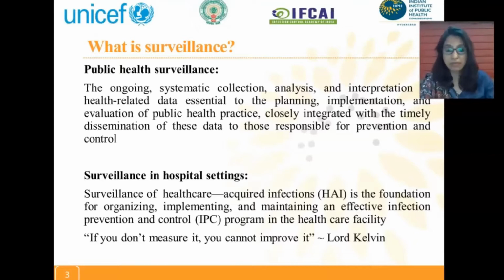We'll see how it helps, but you have to understand that if you want to control healthcare acquired infections, you first need to know what to measure, how to measure, and then only you can plan to control. And in fact, you can also prove later on how you managed to improve it. So measuring is very important and the first step towards any control program.